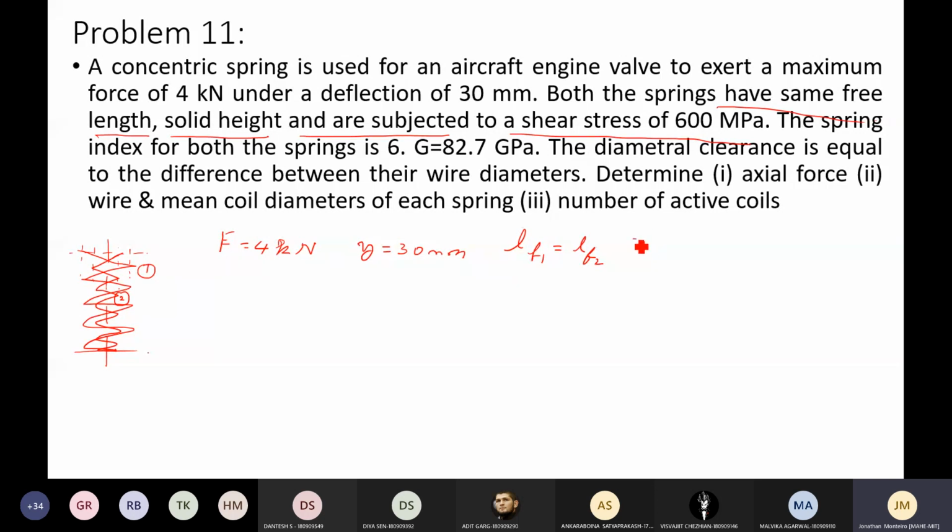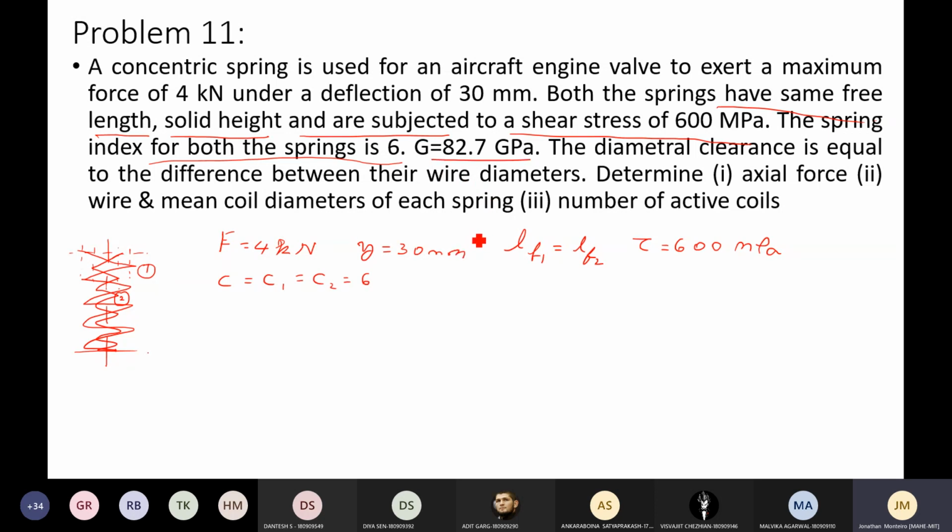We'll find out. Then tau remains the same for both, 600 megapascals. The spring index for both springs is 6, so C equals C1 equals C2 equals 6. G is directly given as 82.7.